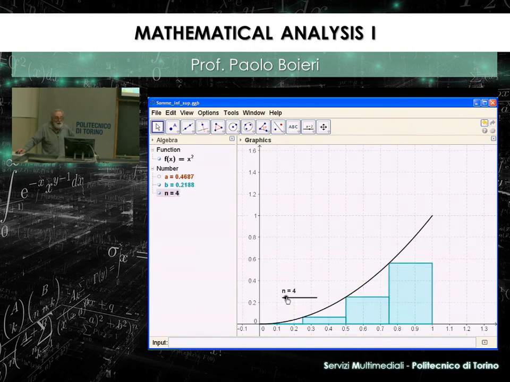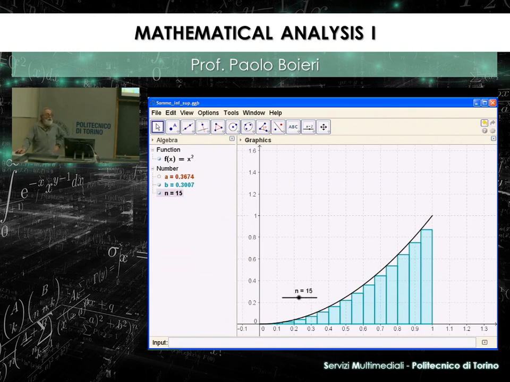Okay, now I increase the number of subdivisions, and as you see, what do I get? I get a finite number of rectangles. If I compute the area of this, plus the area of this, plus the area of this, and so on, I get the area of this region that you see in blue, okay?